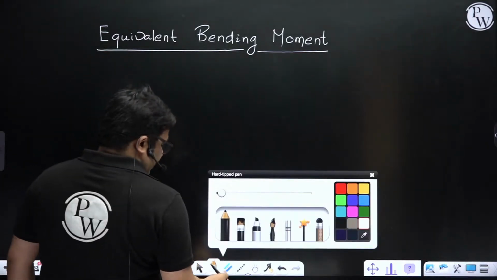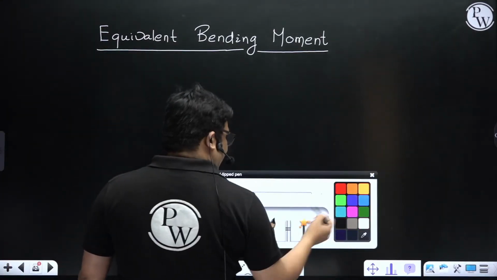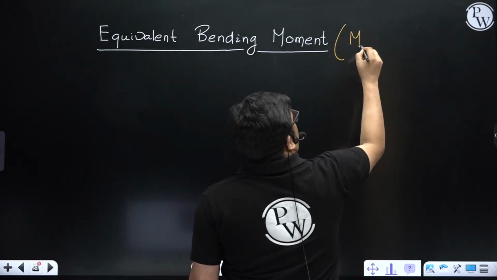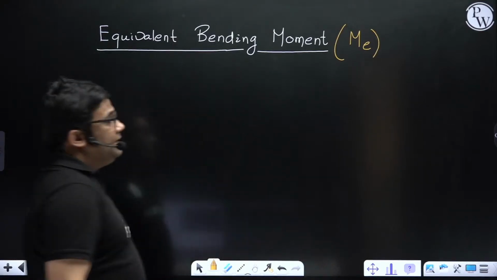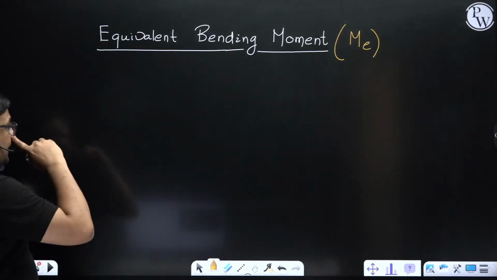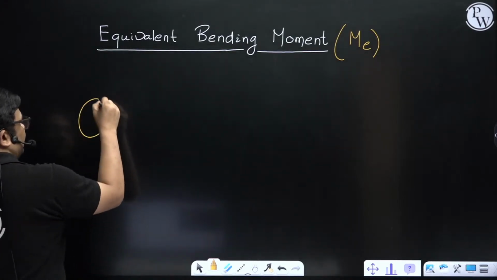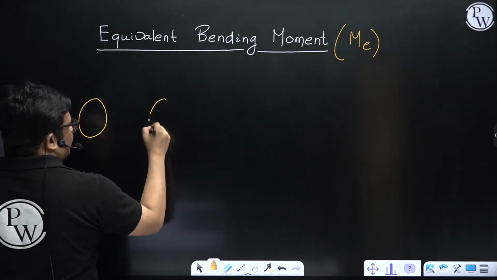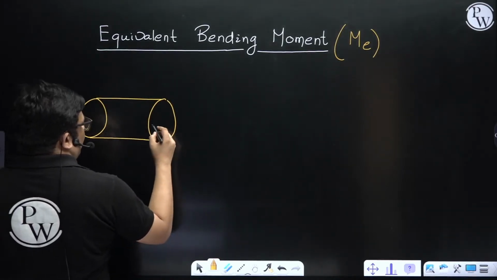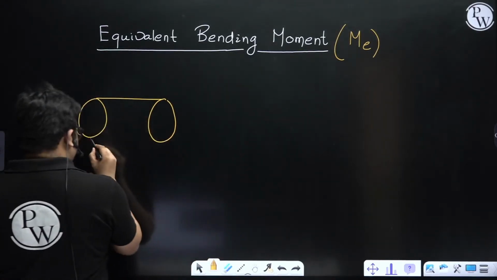So what is this equivalent bending moment, ME? This ME is very easy, you see. Suppose we have a shaft. And suppose we have two shafts, same shaft.